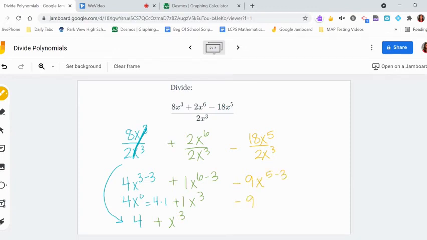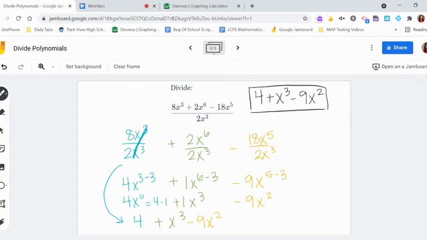So negative 9x squared. So I'm going to go ahead and just rewrite my answer so it's a little bit clearer. I end with a 4 plus x to the 3rd minus 9x squared. That is your final answer.